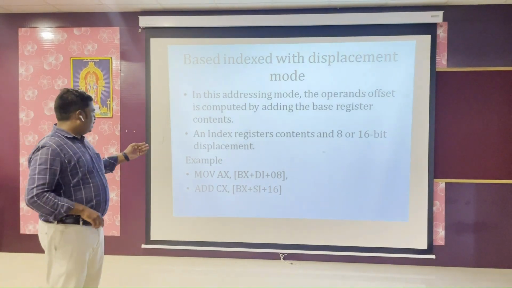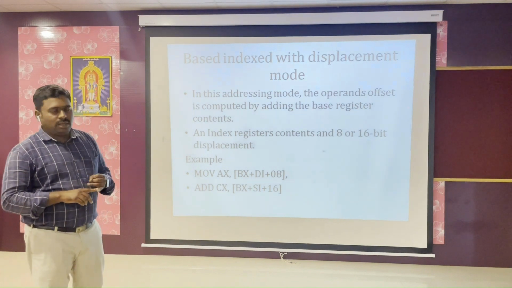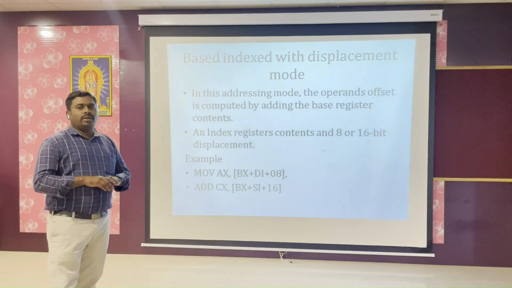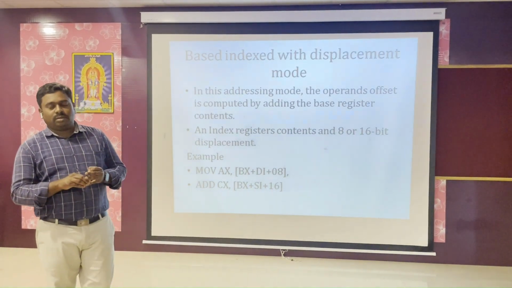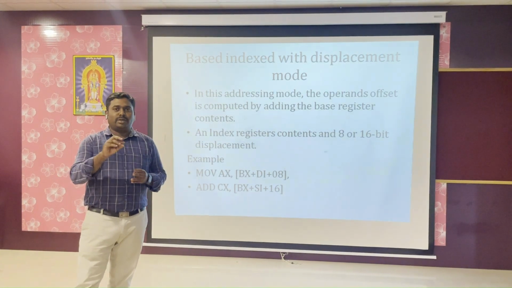Let us see an example. MOV AX, [BX plus DI plus 08], where BX is the base register, DI is the index register, plus the displacement 08, which means the address of BX register plus the address of destination index added with the displacement of 8.